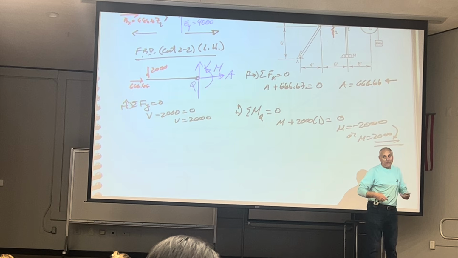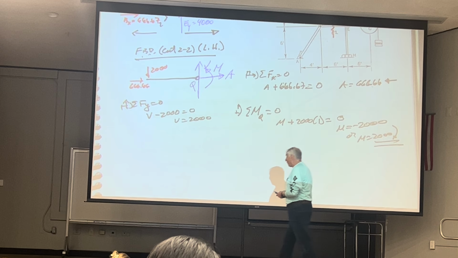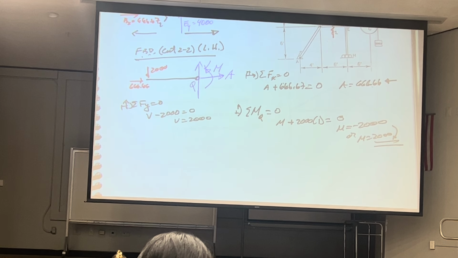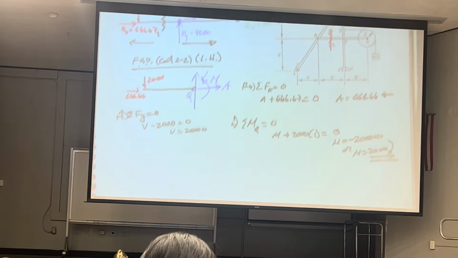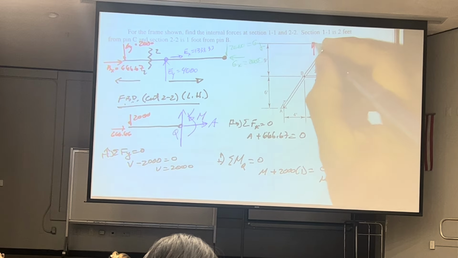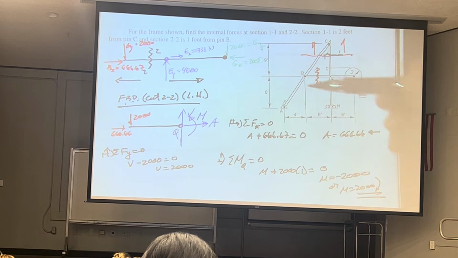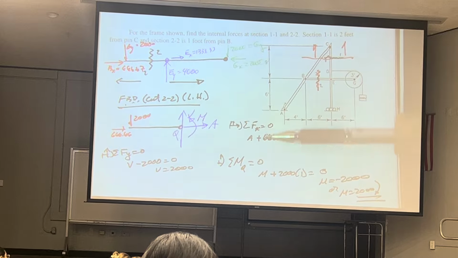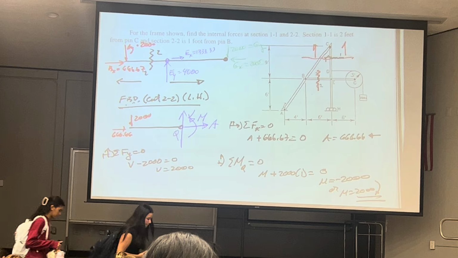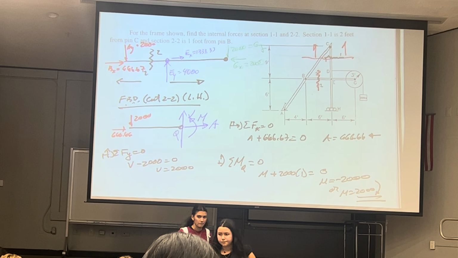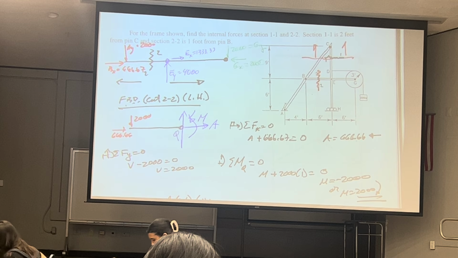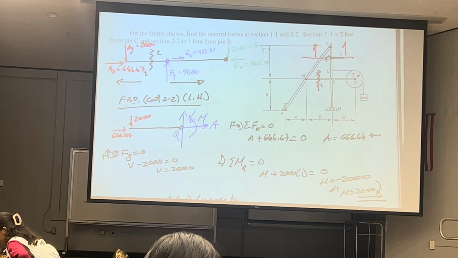I'm going to do the same thing for cut 1. Except with cut 1, I want to look at the upper portion of the cut rather than the lower. So I look over here, and I'm going to look this way. Well, by looking this way, I'm going to avoid everything underneath. So I'm going to say, free body diagram, cut 1-1, upper half.